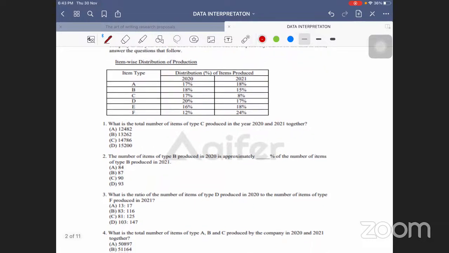First question: what is the total number of items produced by C in the years 2020 and 2021 together?